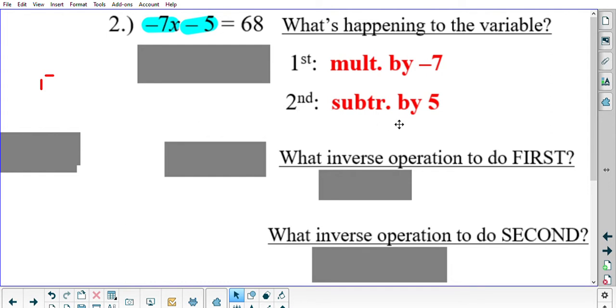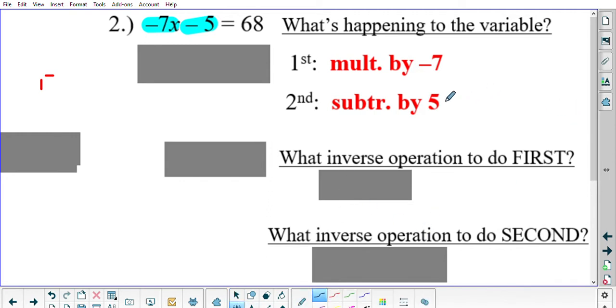Now, what will be the first inverse operation? Will it be the inverse of multiplying by -7, which is dividing by -7? Or will it be the inverse of subtracting by 5, which would be adding by 5? What should be the first inverse operation? Have you figured it out?